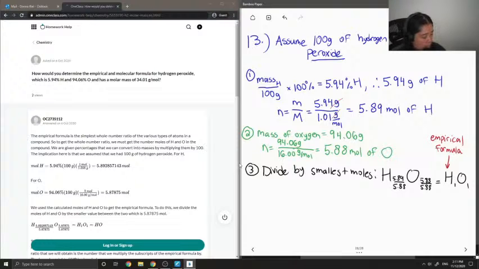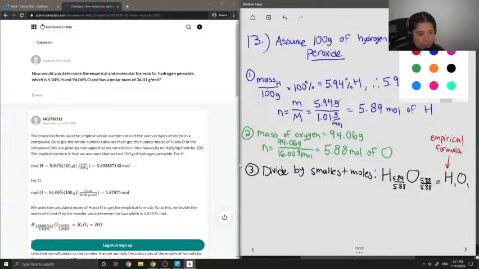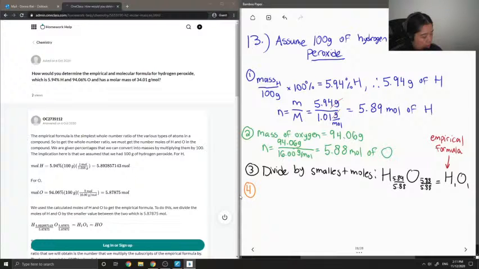So since they told us already what the molar mass of hydrogen peroxide is, this brings us to step 4, which is just to find the ratio of the molar masses.